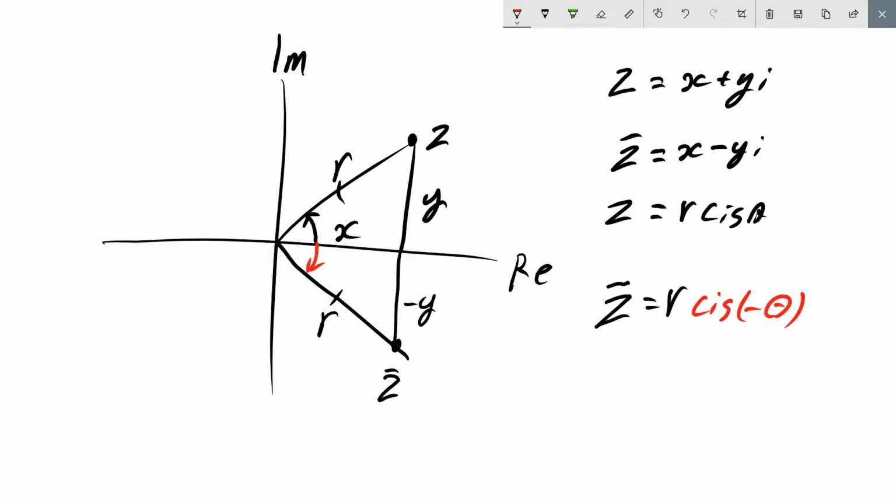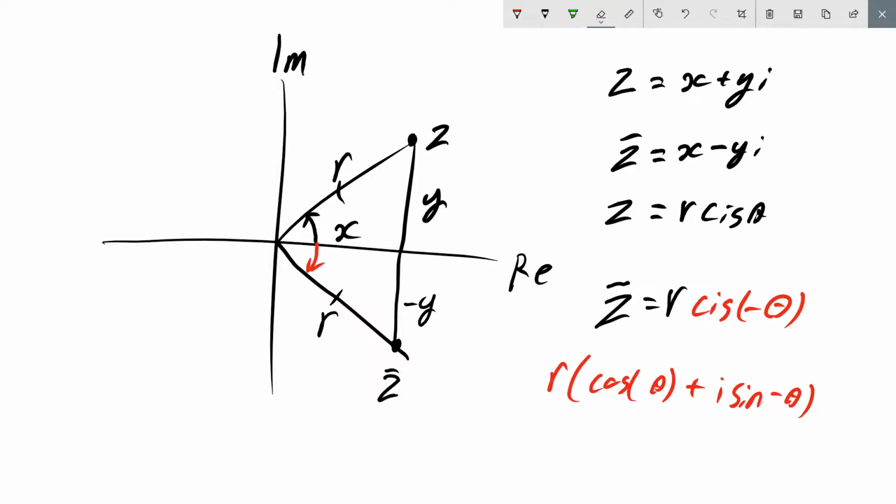And if you really wanted to expand this expression out, you can. So this becomes r lots of cosine negative theta plus i sine negative theta. Whenever you put a negative angle into cosine, nothing actually happens.